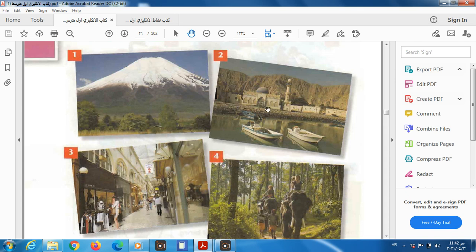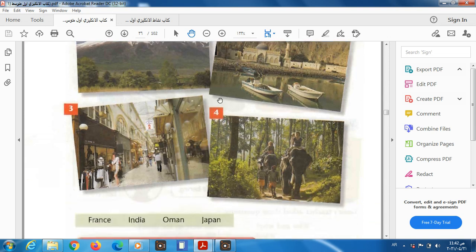Number 2 shows Oman, because it has a mosque, boats, a river, so it is Oman. Mosque means Jama'. Okay, number 3 shows France, because France has a lot of shops and it is famous for its shops.